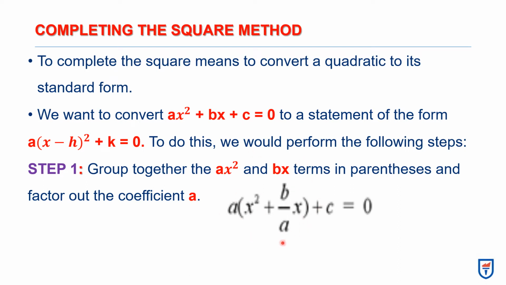When there is a term that is attached to x squared, you need to factor that term out, so that we're left with only x squared as the first term. So when we factor out a, it means the second term we divide by a. Factoring out simply means you are dividing. So the first step is to group those terms, and then you factor out if you have any value on your x squared that is greater than 1.